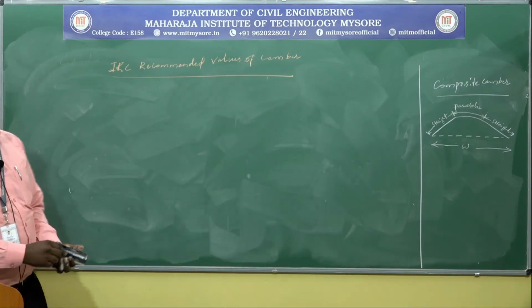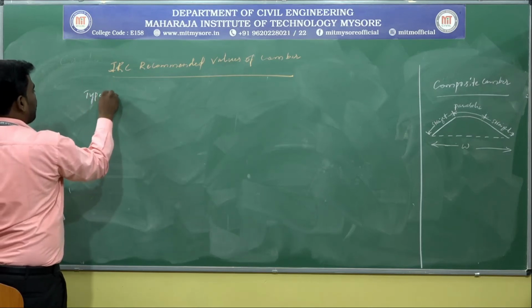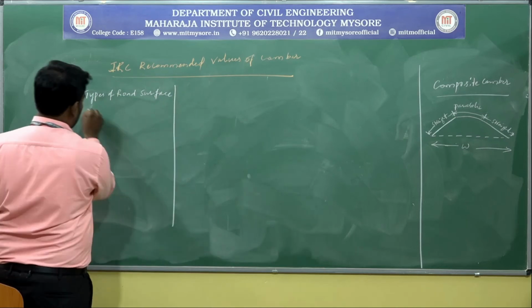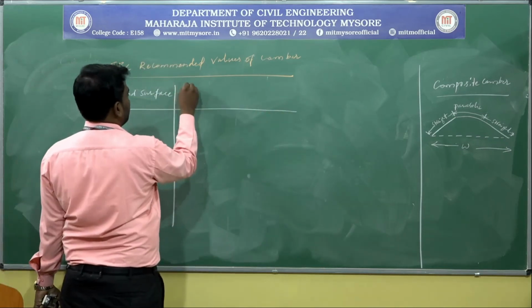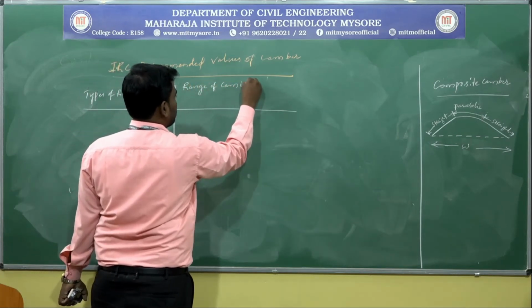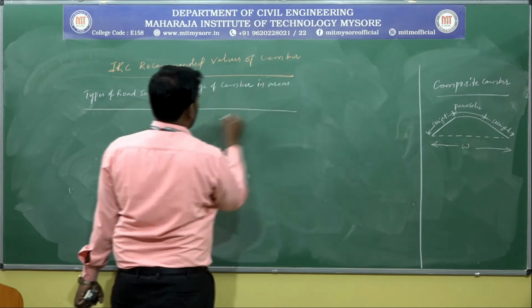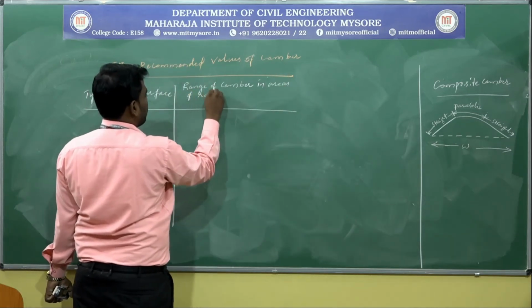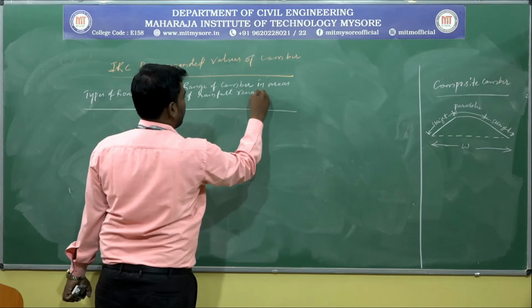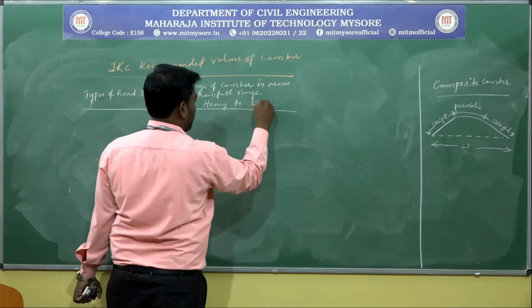In the first column it is types of road surface, the second one is range of camber in areas of rainfall range, and this is from heavy to light.